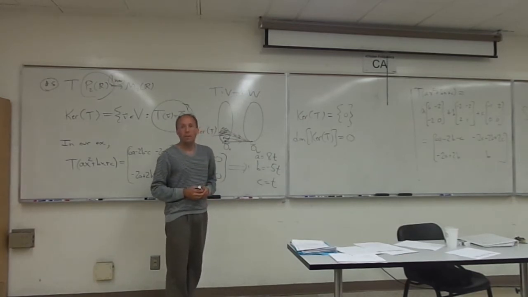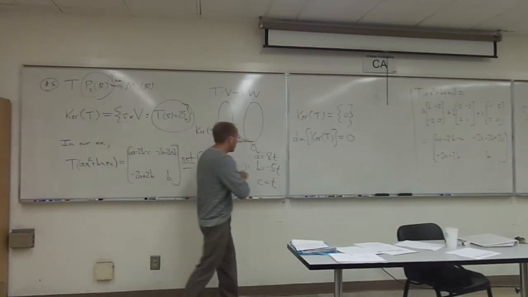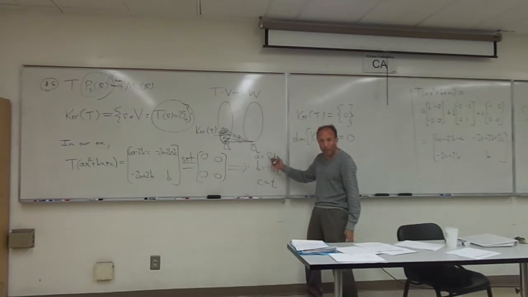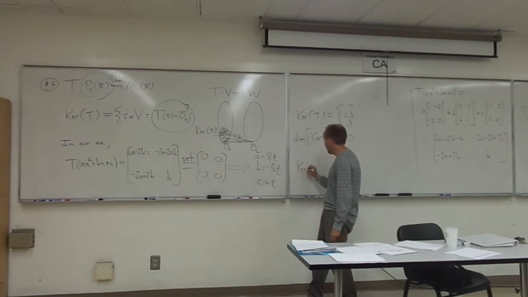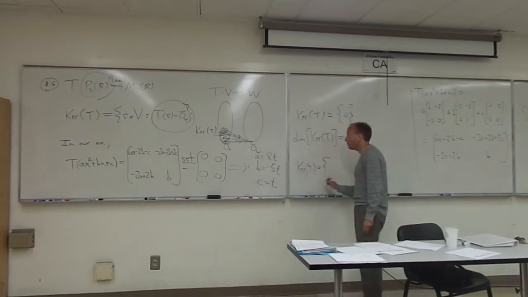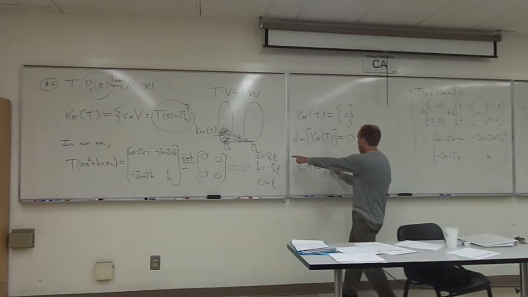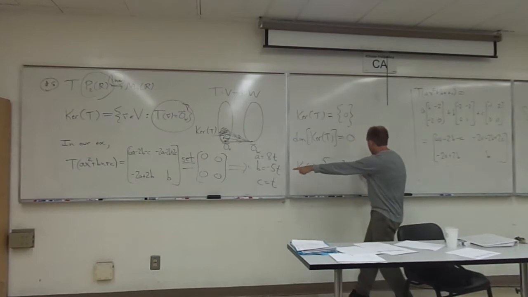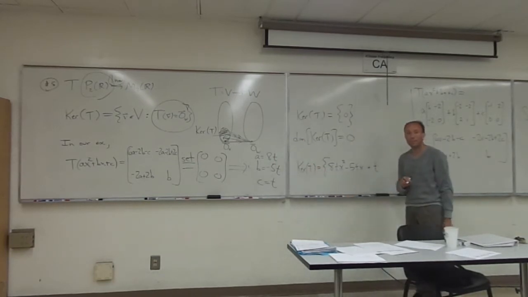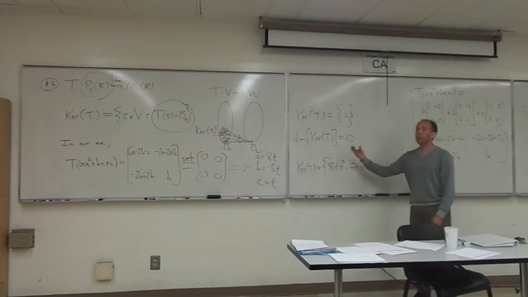Then when you write down what your kernel is, if this was A, B, and C, your kernel of T would just be the set of 8T x squared minus 5T x plus T, such that T is a real number. It would just be all polynomials of that form.